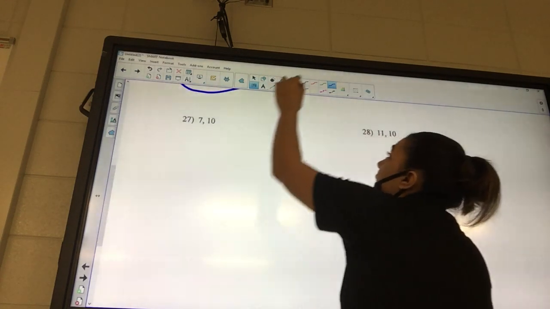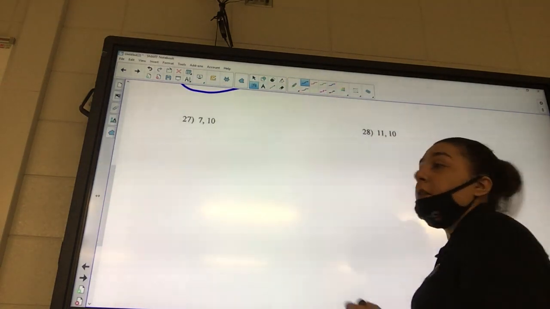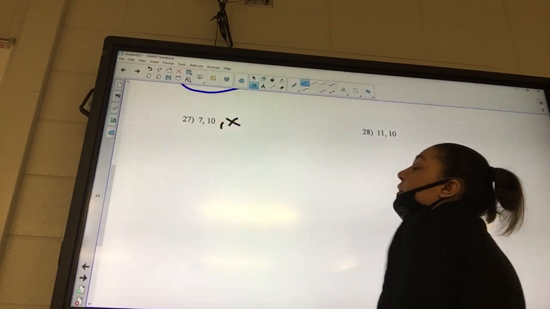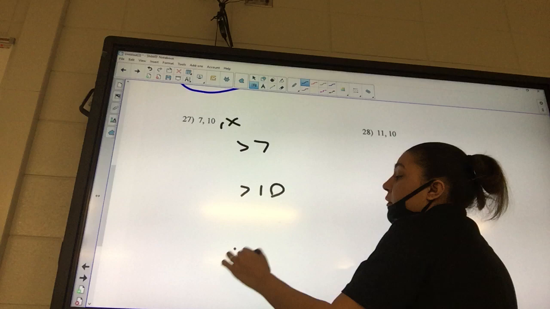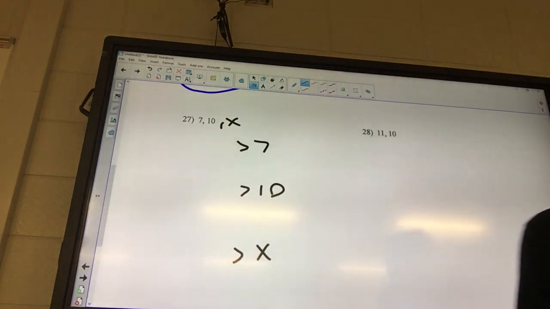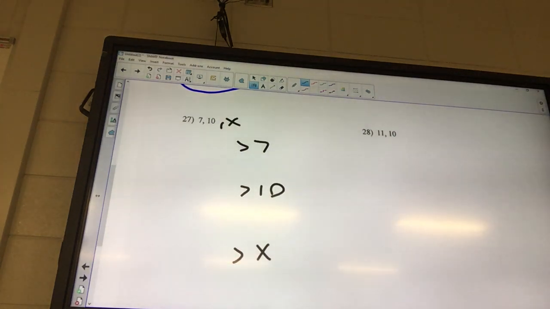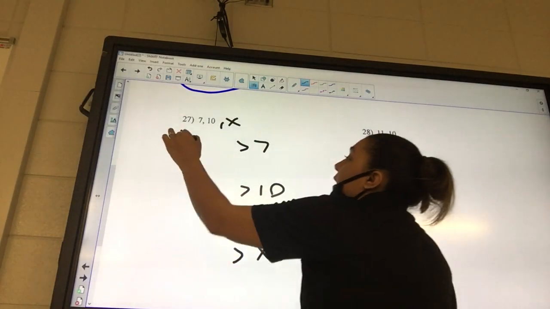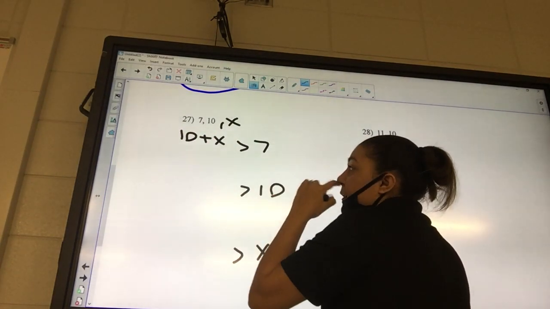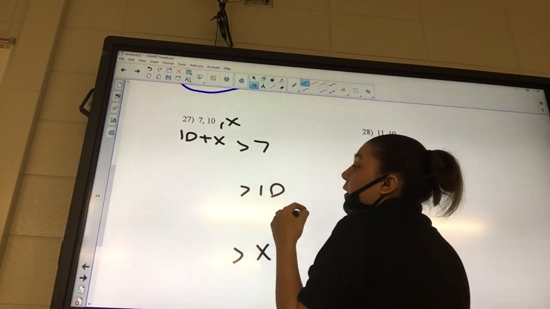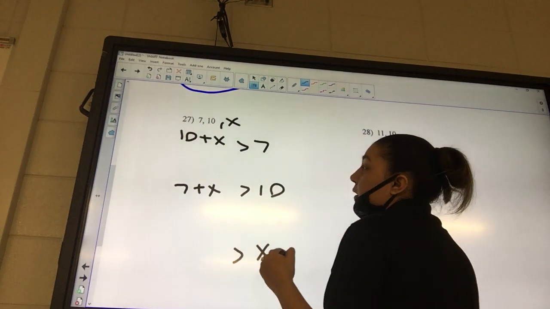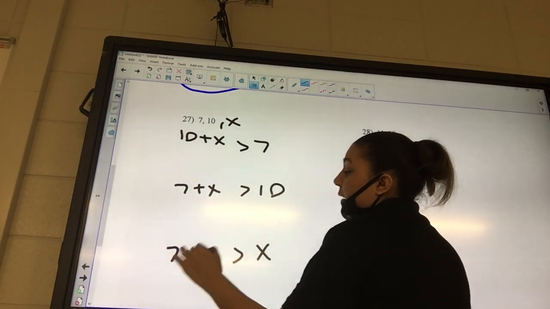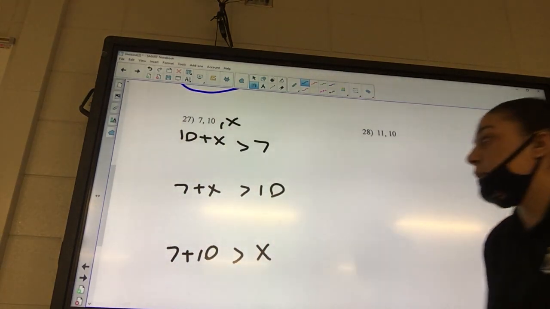Okay, and then 27, it says greater than 7, greater than 10. You can say comma x. So I got greater than 7, greater than 10, greater than x. Okay, so for the greater than 7, I'm going to have 10 plus x is greater than 7. And then for the 10, I got 7 plus x is greater than 10. And this one's going to be 7 plus 10 is greater than x.